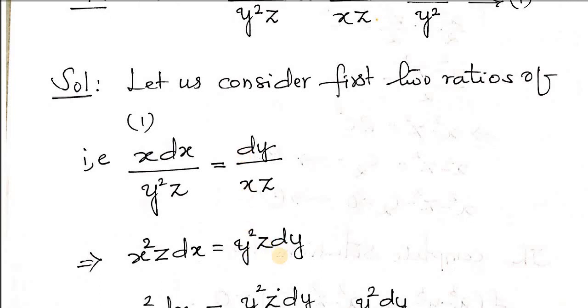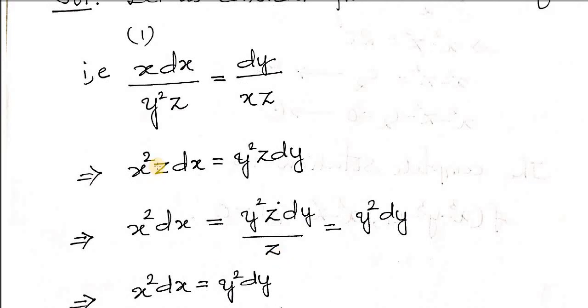Here also z is there, here also z is there, so on both sides z will get cancelled. What I will get: x square dx remains, equal to y square dy. So the equation is now x square dx equal to y square dy.